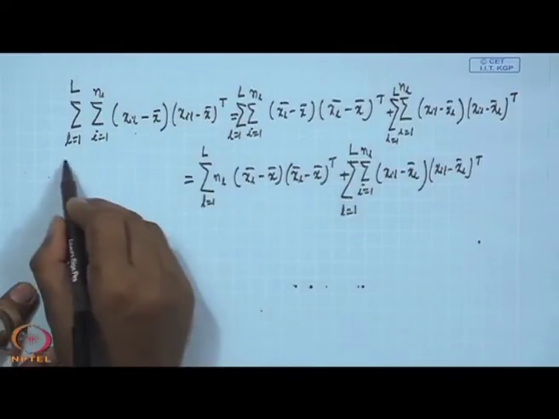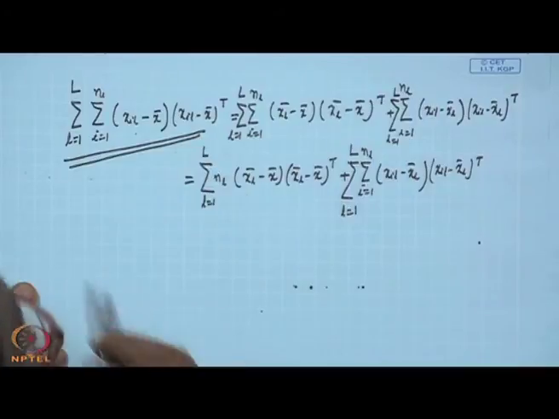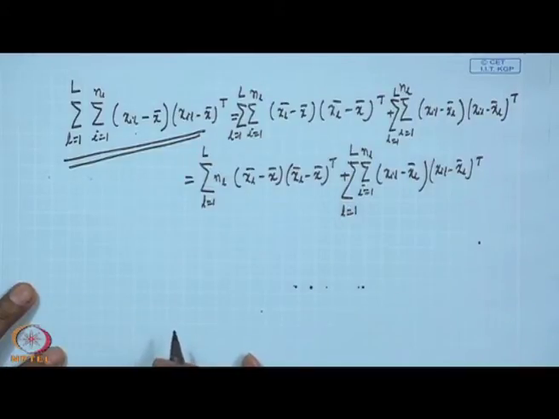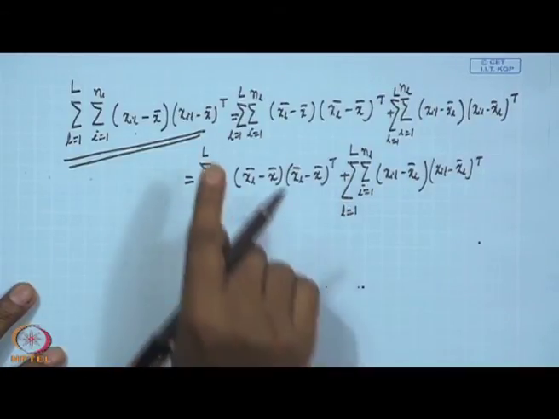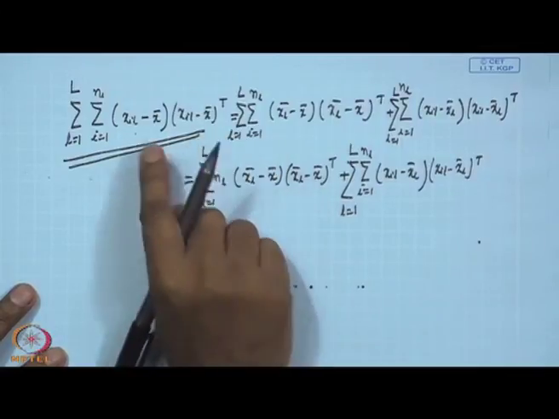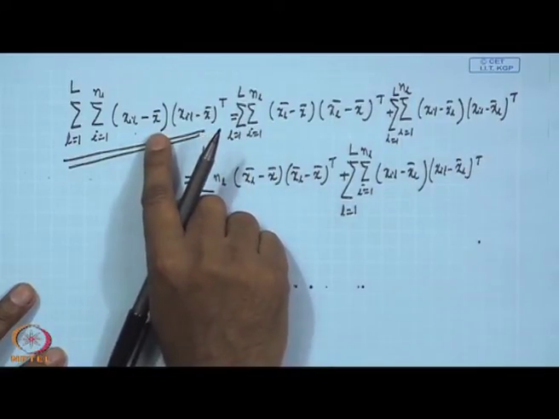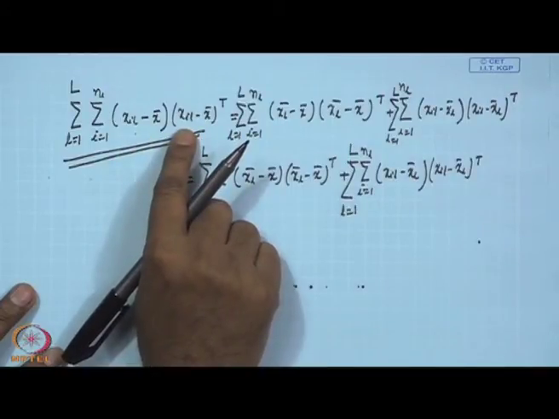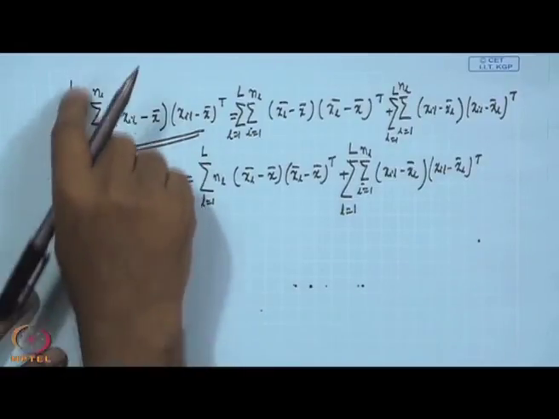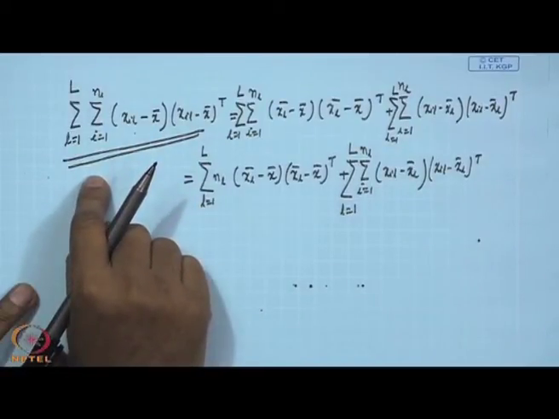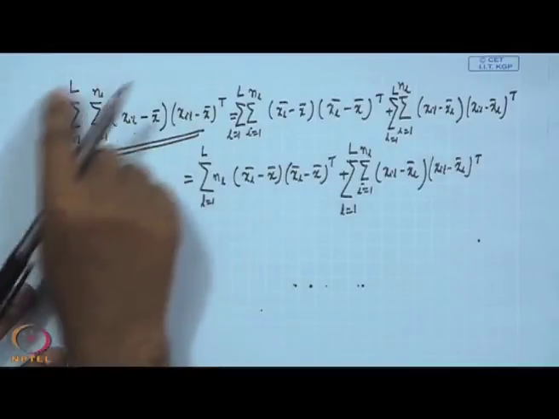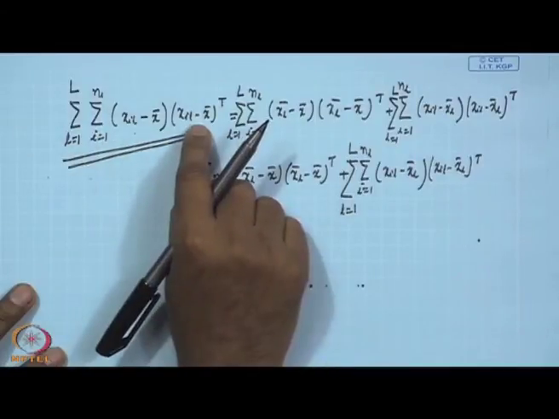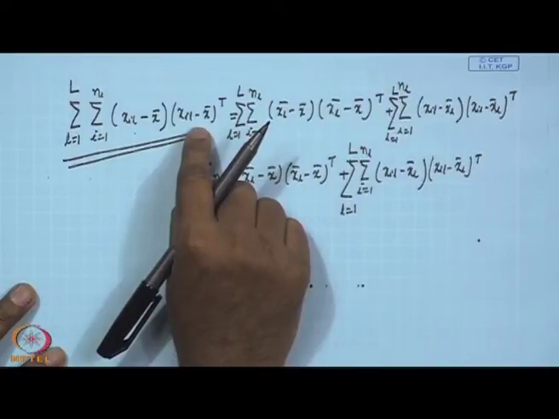So, what is this quantity now? The left hand side quantity. If you consider x IL and x bar as scalar quantities, then this is the square quantity, and from all the observations point of view, this is what you have seen in ANOVA: SST, sum square total.